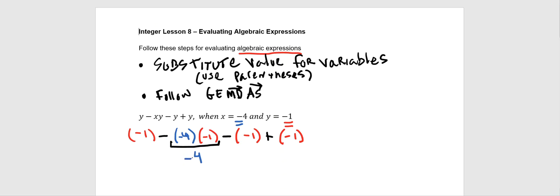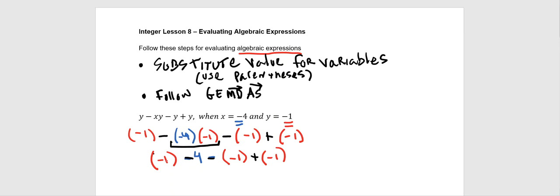And everything else is just going to get rewritten, drop down, just as we normally would do with order of operations. So we still have -1 minus the -4 times 4, which is -4, minus -1, and then plus the -1.